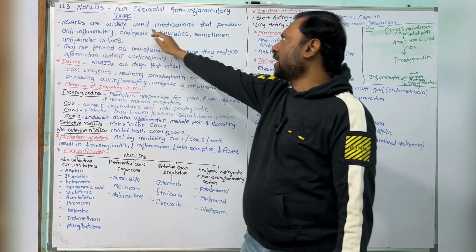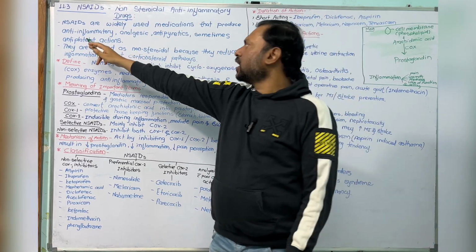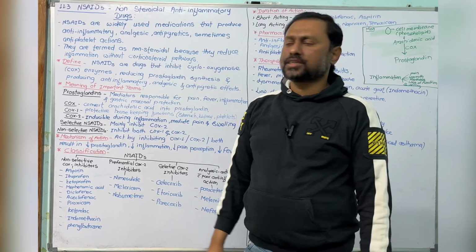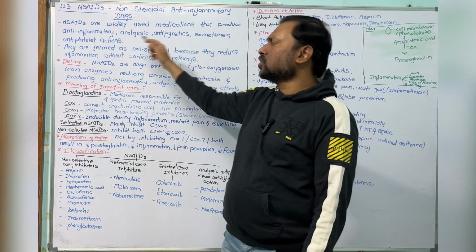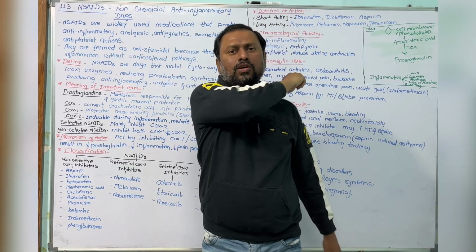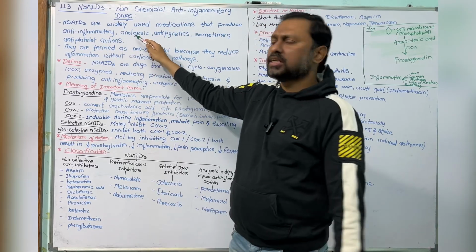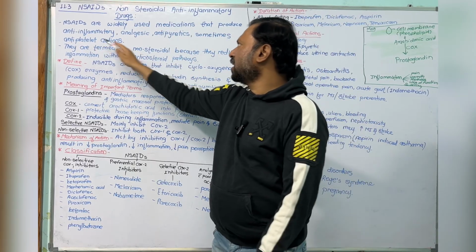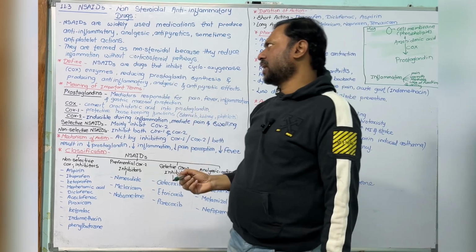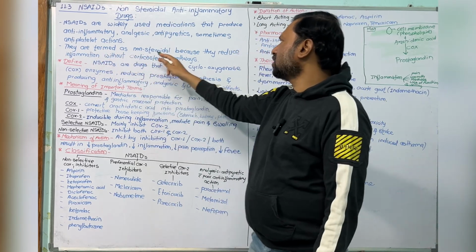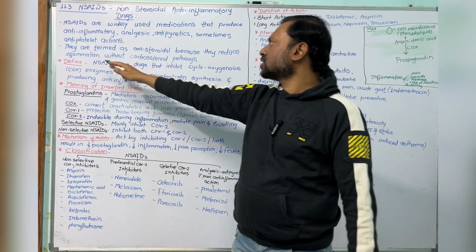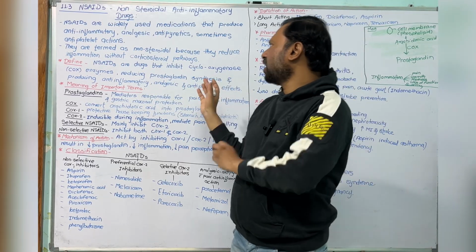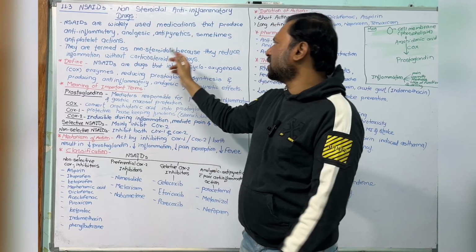NSAIDs are widely used medicines that produce anti-inflammatory, analgesic, antipyretic, and sometimes antiplatelet actions, as painkillers, as fever reducing agents, and against platelet action. They are termed non-steroidal because they reduce inflammation without the corticosteroid pathway. Without the steroid, that's why it is termed non-steroidal.